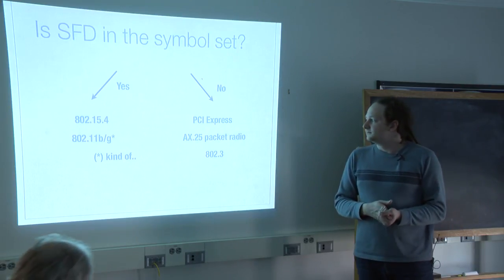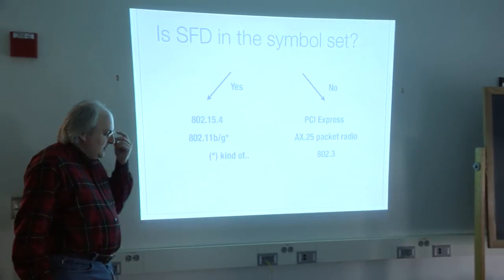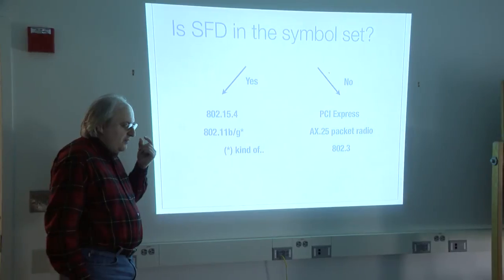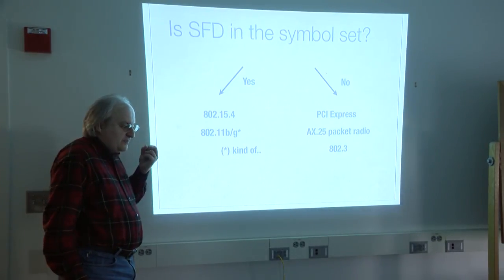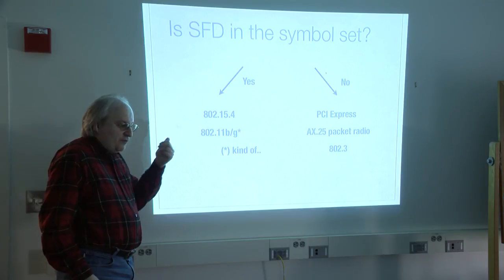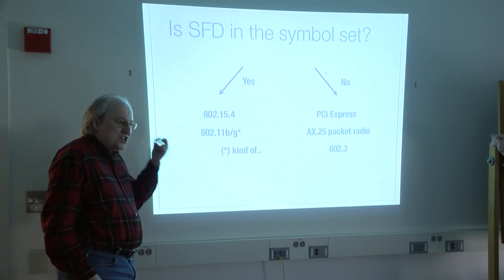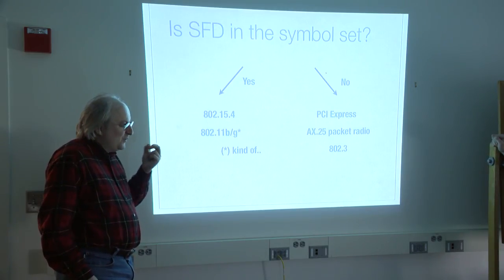So this is fascinating. In the actual preamble, you have the preamble and the SFD, and then the beginning of the frame. You have a clue whether you should switch to a different modulation scheme halfway or not.